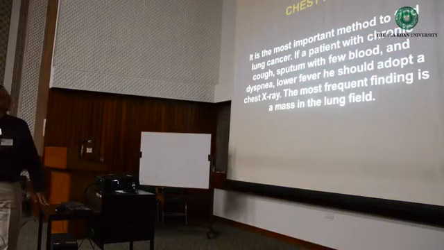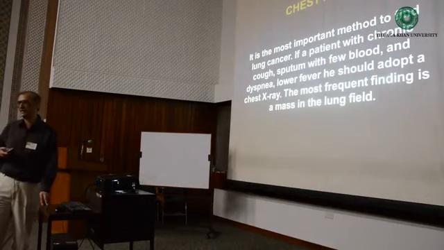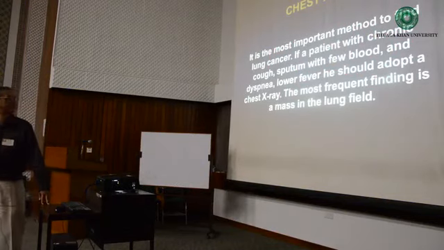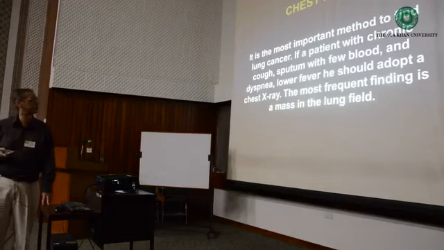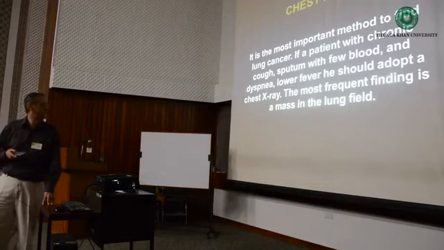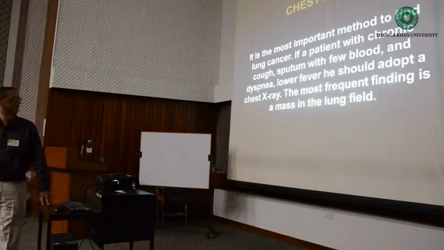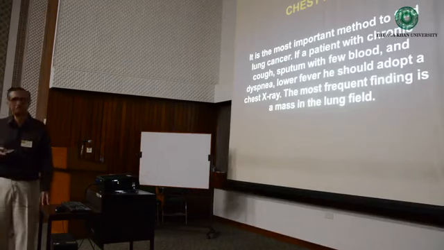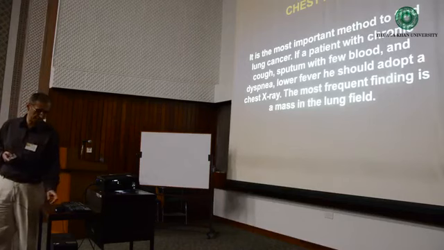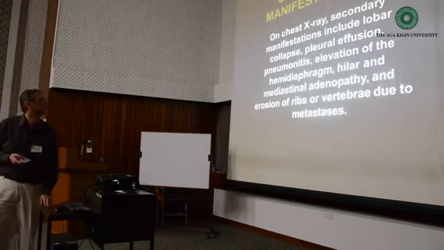So chest X-ray is the most important method to find a cancer. If there is chronic cough, sputum with some blood, dyspnea, which is breathlessness, and fever, then a chest X-ray should be done. And frequently you find a mass in the lung.